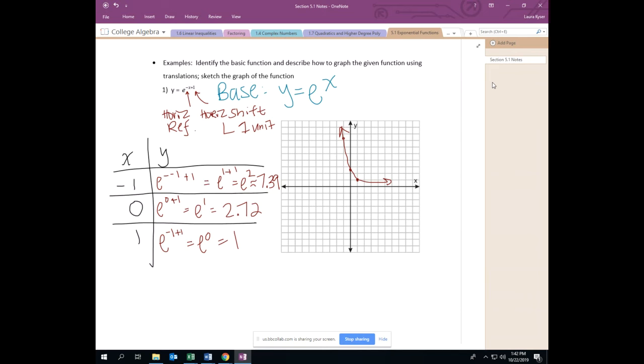And then it shifted left 1 unit as well, which is kind of changing how things look on our coordinate plane. Now this also changes the y-intercept. You can see that the y-intercept has moved up. It was 0, 1. Now it's 0, 2.72, which is fine. That again is just based on the fact that we had some motion in our graph.